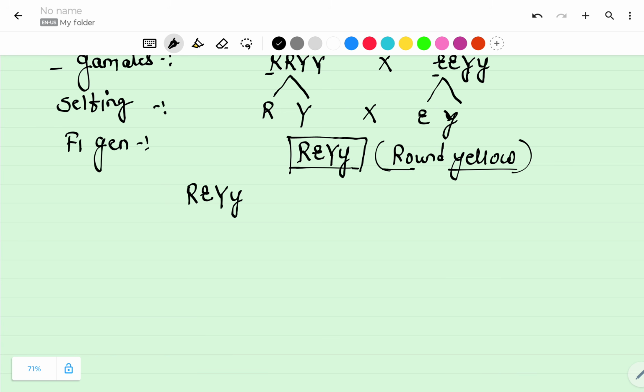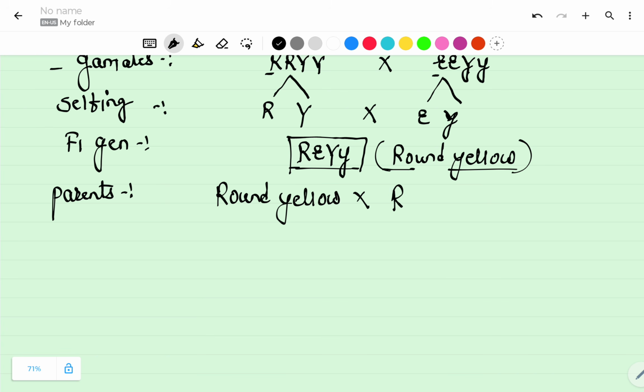Here we again write the parents. The parent is round yellow, and here again the same, round yellow.